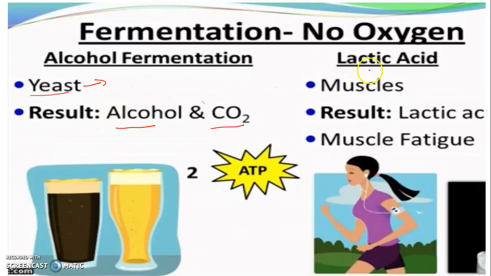What happens in lactic acid fermentation if you are running a long distance? You will be short of oxygen and your body needs to make continuous ATP. So the backup plan for your body is to produce ATP and, as a result, you produce lactic acid.